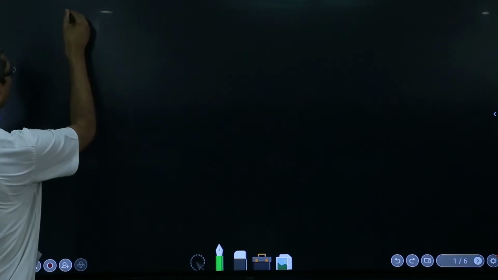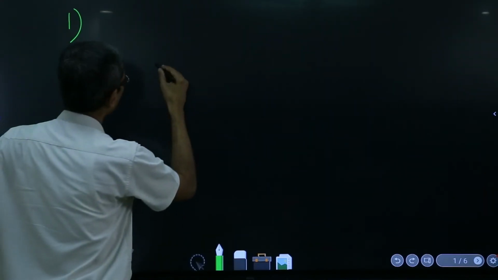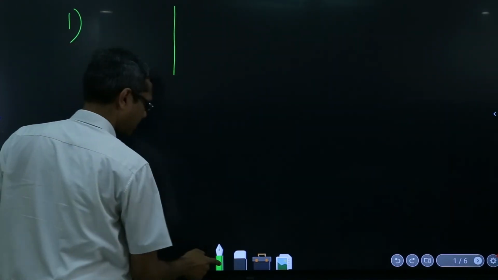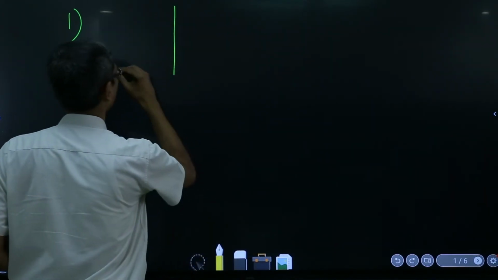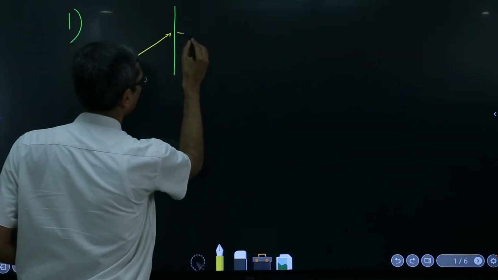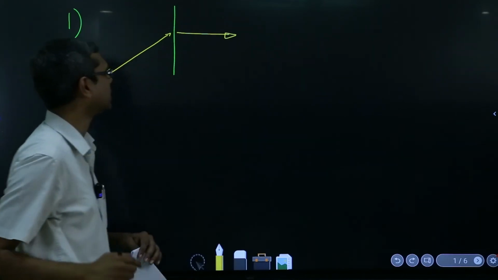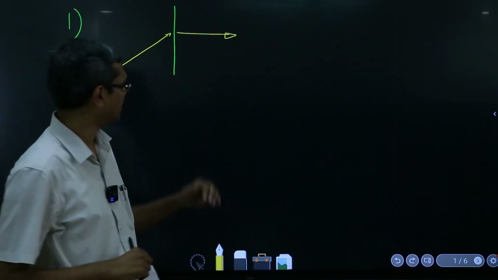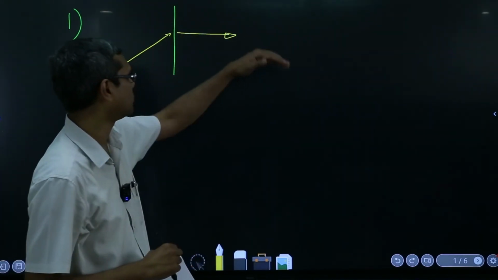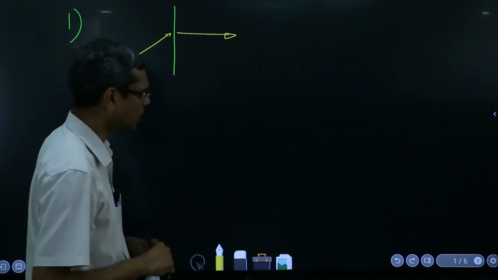So we were talking about case 1, when the wave will come like this but will transmit like this, almost at 90 degrees to the plane of the solid.